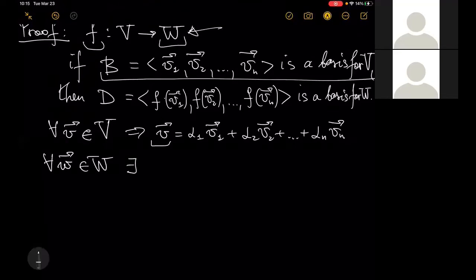So there exists V belonging to the vector space V capital such that f of V is W, right?